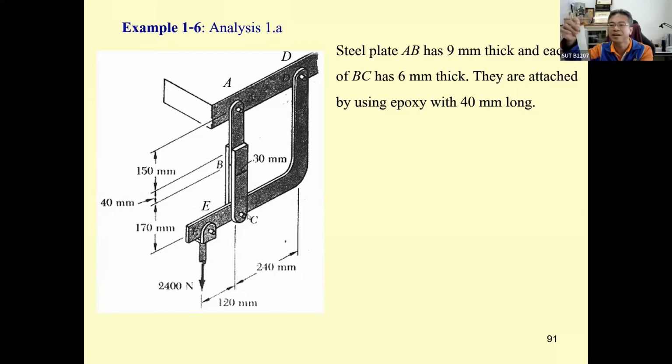This is A, this is B, and this is C. As you may know, the steel plate AB has 9 millimeter thickness, this one on the top, and each of the plates BC has 6 millimeter thickness. Then it's connected by the epoxy.